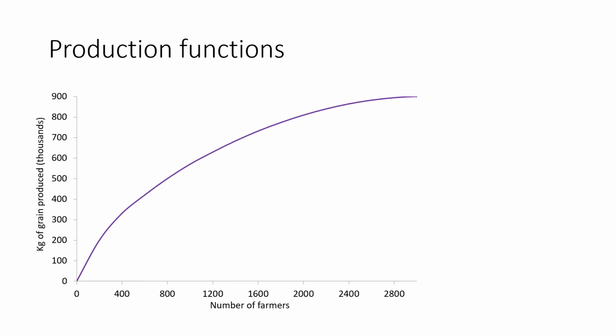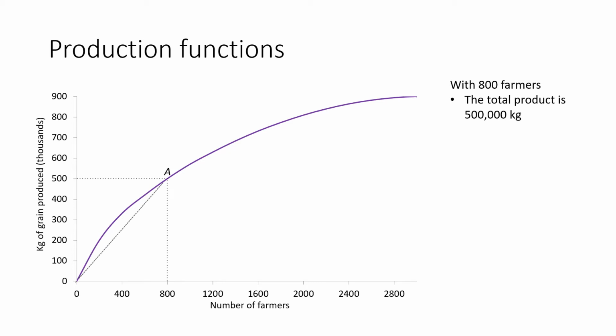In this lecture, we'll analyze these production functions graphically. So let's begin by picking a starting point with 800 farmers. At 800 farmers, this being our x-axis, you can see coming down from our production function at point A, we have 800 farmers as our input. We input them into the production function, and as a result, we get 500,000 kilograms of grain produced.